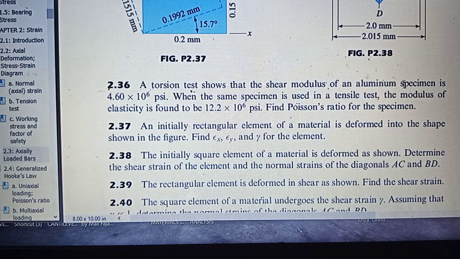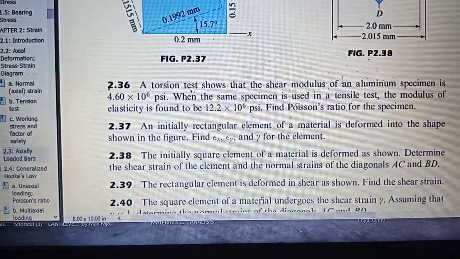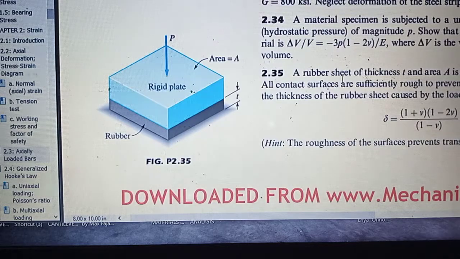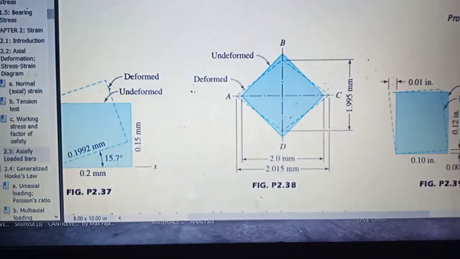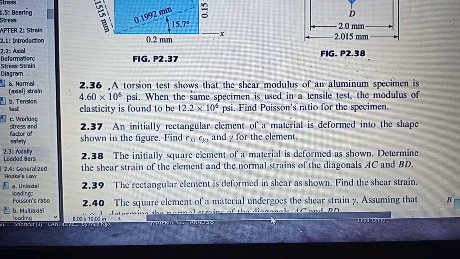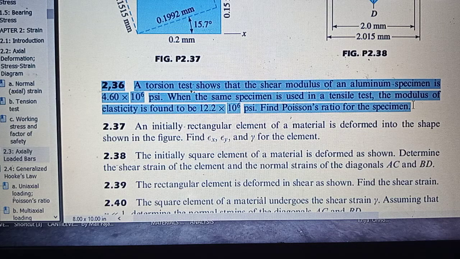A torsion test is shown. Here is the next problem. There is no figure for this problem.